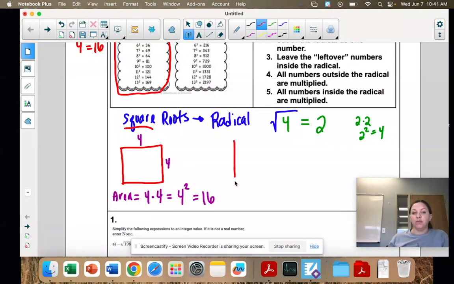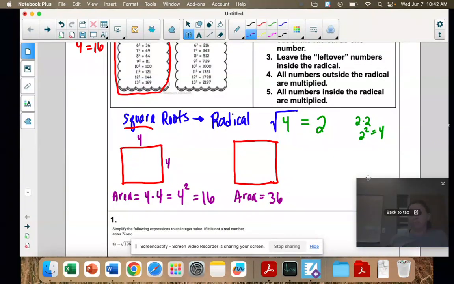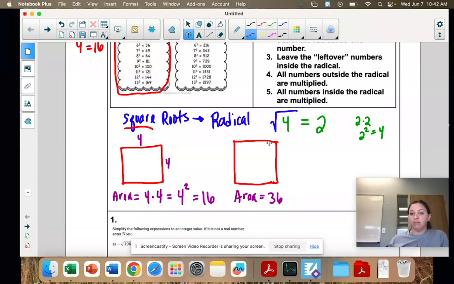So the square root part came from going the other way. What if I have a square and I know that the area is, let's say, 36? How am I going to find the side lengths?